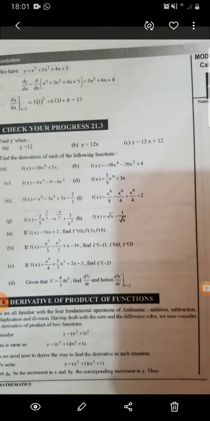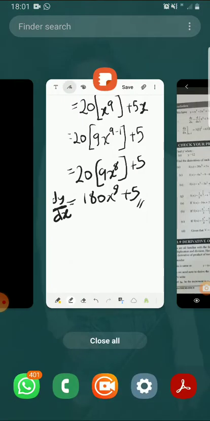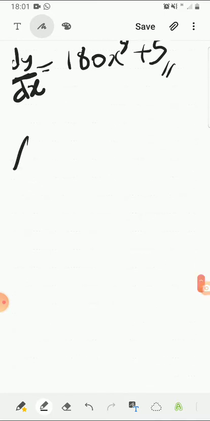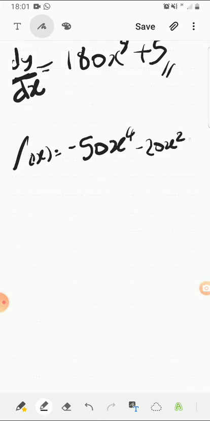Number B, minus 50x raised to the power of 4 minus 20x raised to the power of 2 plus 4. So f of x is minus 50x raised to the power of 4 minus 20x raised to the power of 2 plus 4.